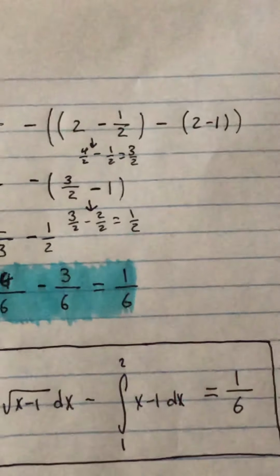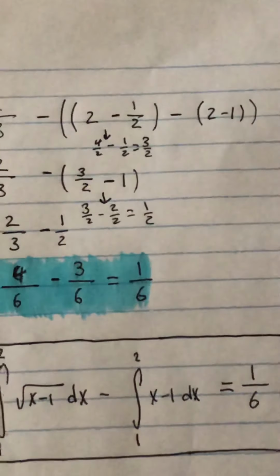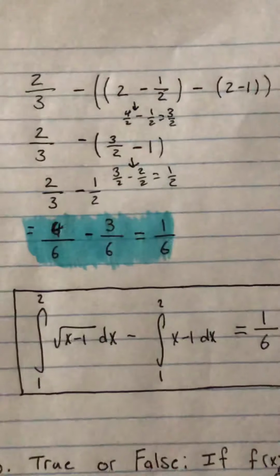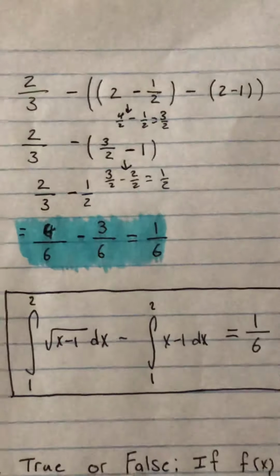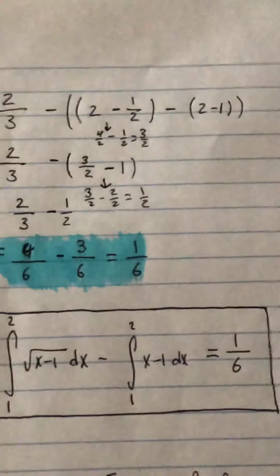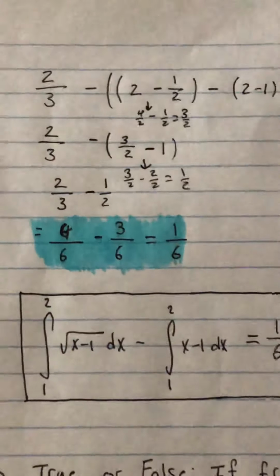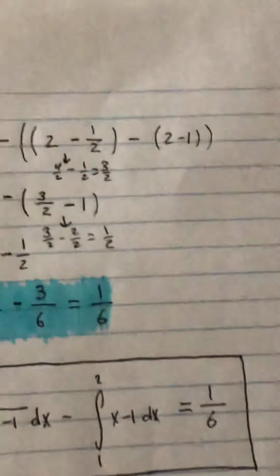So I did 2 times 2 over 2 minus 1/2, which gives you 4 over 2 minus 1/2, which is 3/2. And then for 2 minus 1, it's just 1. And then you can rewrite that as 2/3 minus the quantity of 3/2 minus 1, which is just solving the integral of x minus 1.